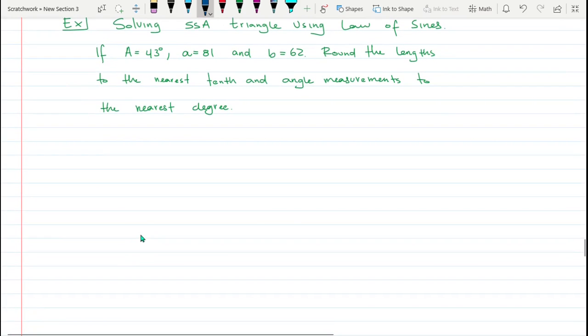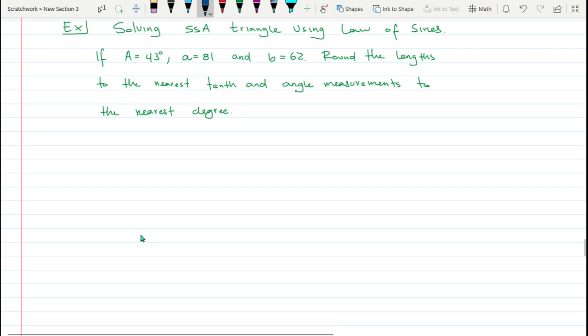Let's do an example using the law of sines. Given angle A is 43 degrees, length of side A is 81, length of side B is 62. We want to round the length to the nearest tenth and the angle measurements to the nearest degree. So the best thing to do is to draw a triangle. Okay? Make a little sketch for us to look at, right?